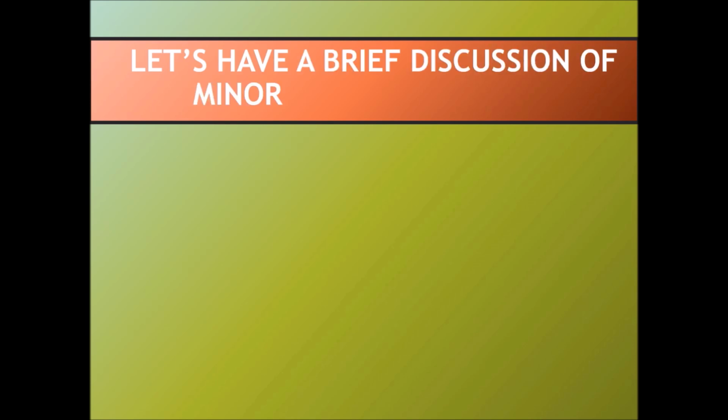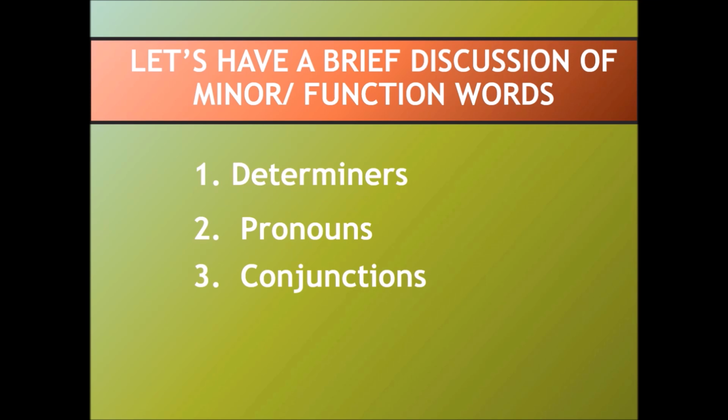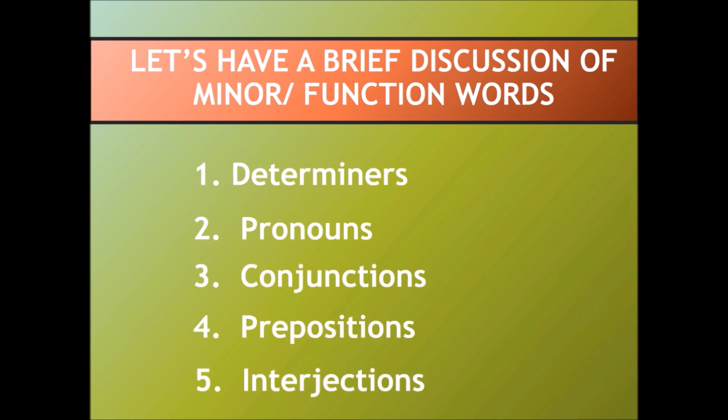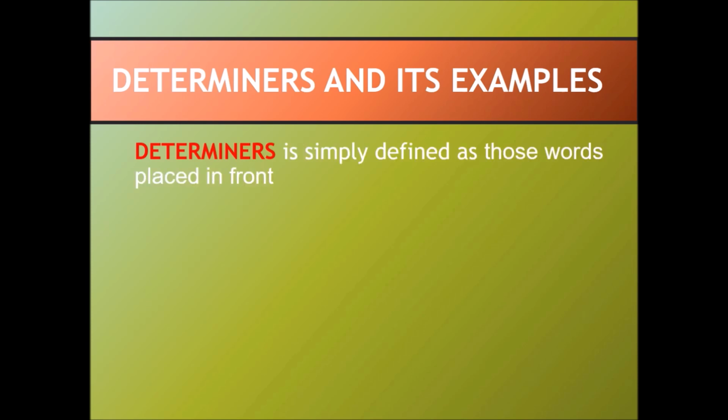Let's have now a brief discussion of minor or function words. First, determiners. Second, pronouns. Third, conjunctions. Fourth, prepositions. And the last one is the interjections. Determiners and its examples. Determiners is simply defined as those words placed in front of a noun to make it clear what the noun refers to.